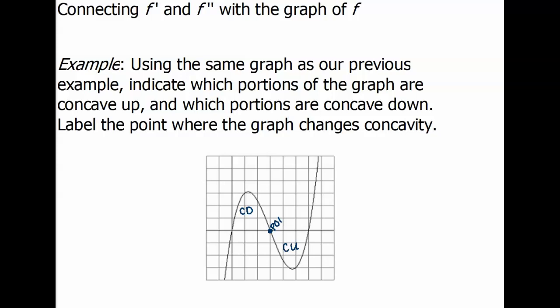So we're going to use the graph as our previous example gave and indicate which portions of the graph are concave up and which portions are concave down. And then we're going to label them. So this graph is concave down, where it looks like a frown, which is from here all the way to about there. Because right here, you'll notice that the derivative at this PPOI is a vertical tangent.